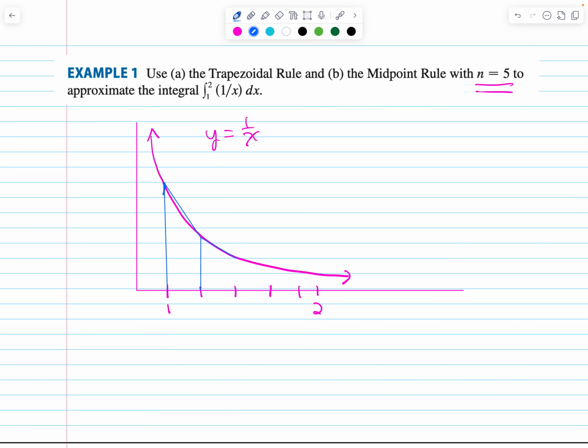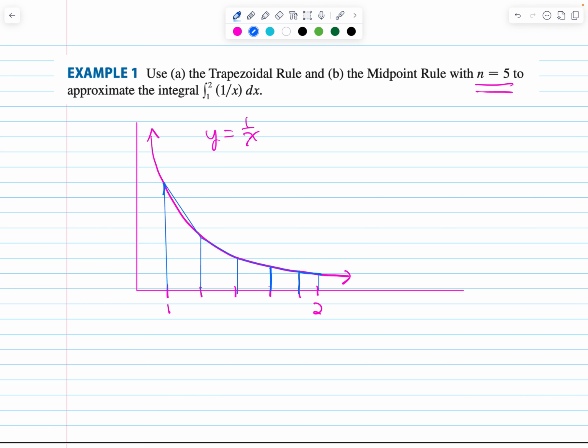Trapezoid rule will do a pretty good job here. Because this curve is smiling and decreasing, the trapezoid rule here will be an underestimate.